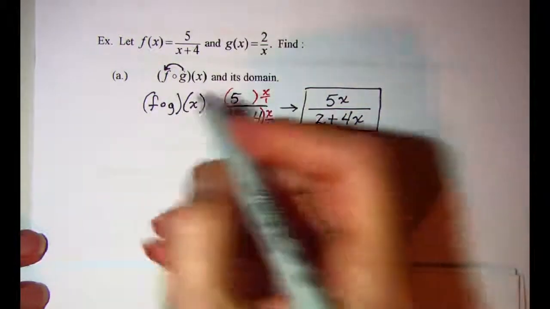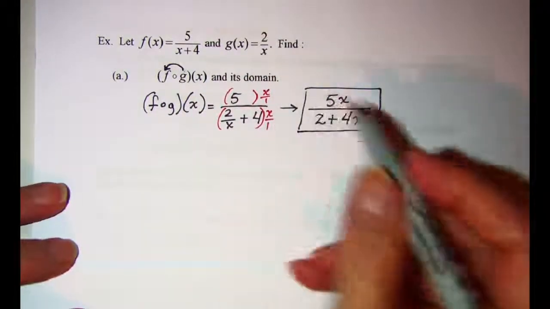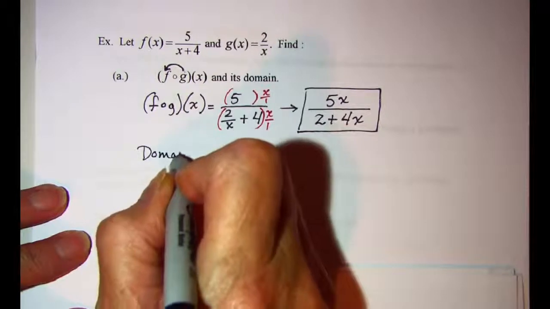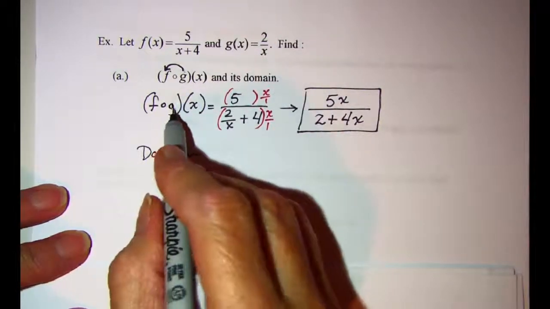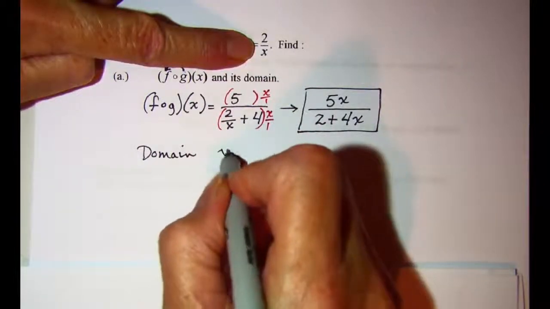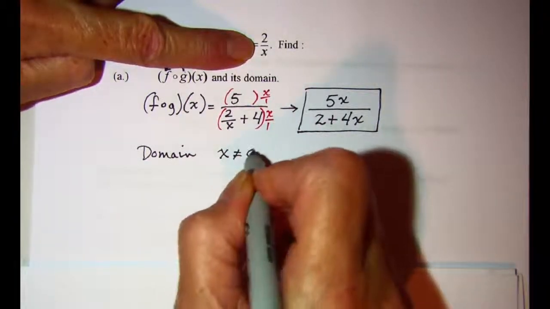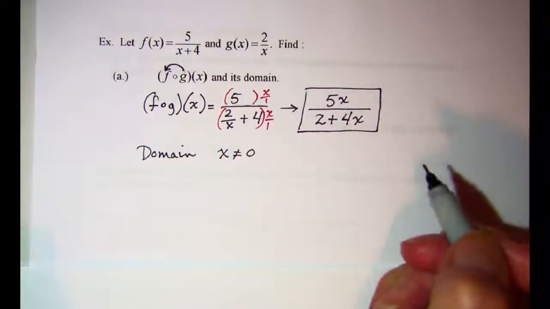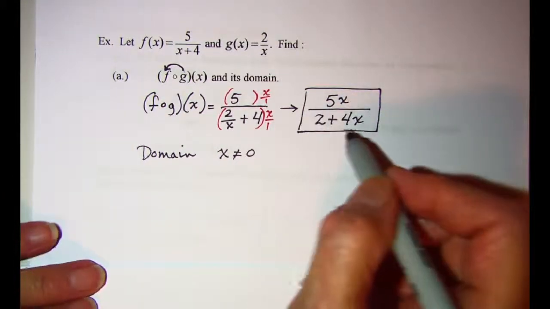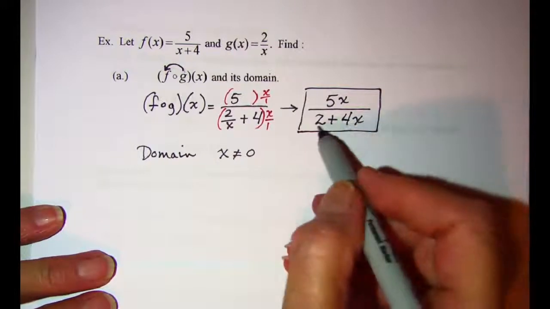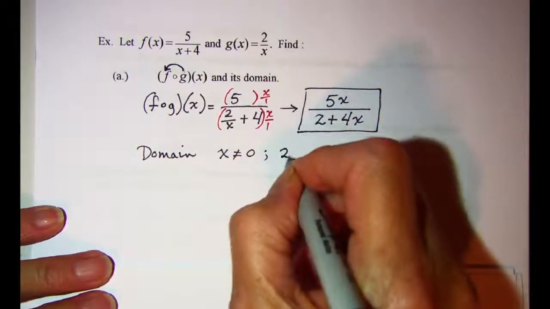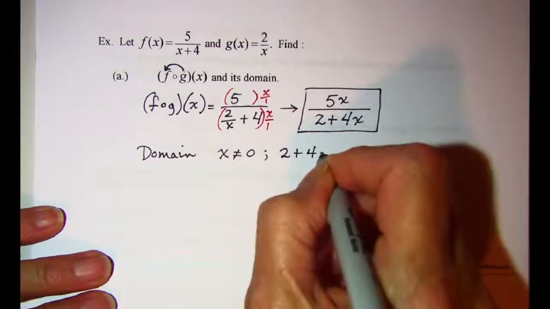Alright, our domain, we first need to determine the domain for the g function. The domain for the g function, x cannot equal 0. And then the domain for our composition function, 2 plus 4x cannot equal 0.